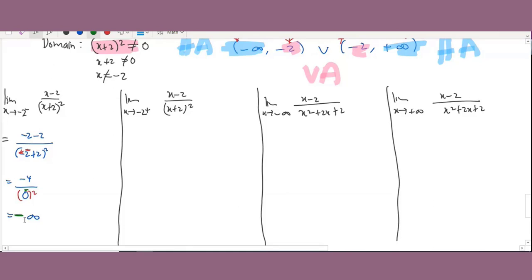Okay, you all try this one. Try this part. Direct substitute. Negative 4, confirm that 0 squared is confirmed positive, right? And then negative infinity, confirm positive. Let's say you want to check, check the problem 0. So negative 2 from right.